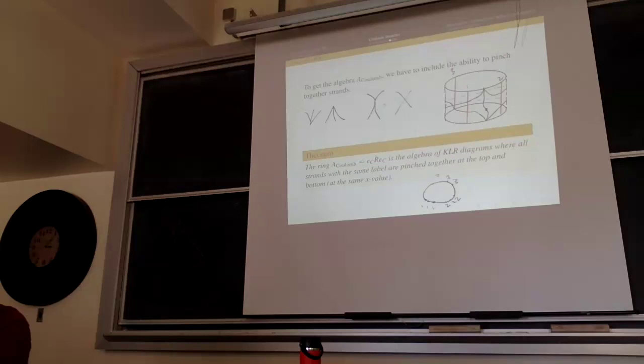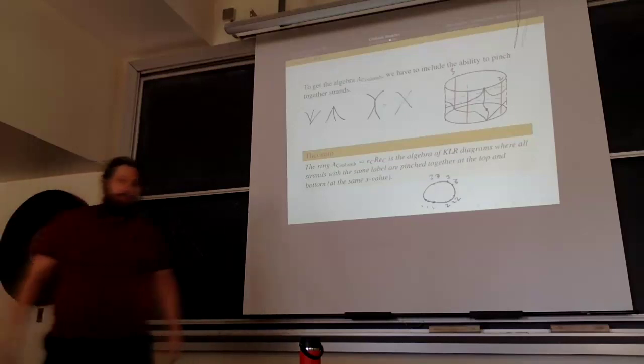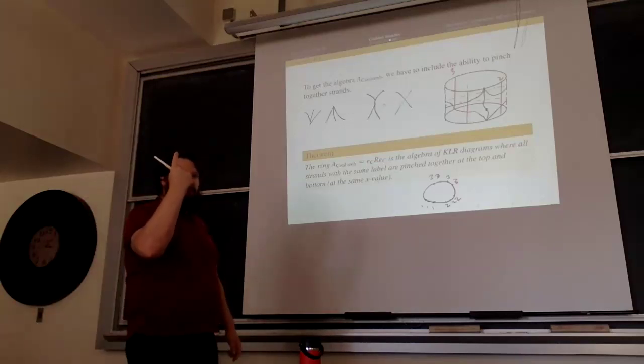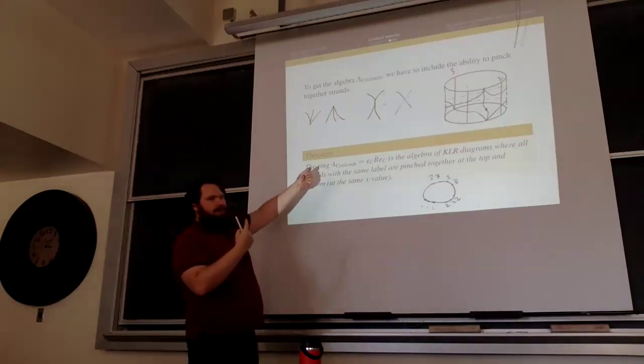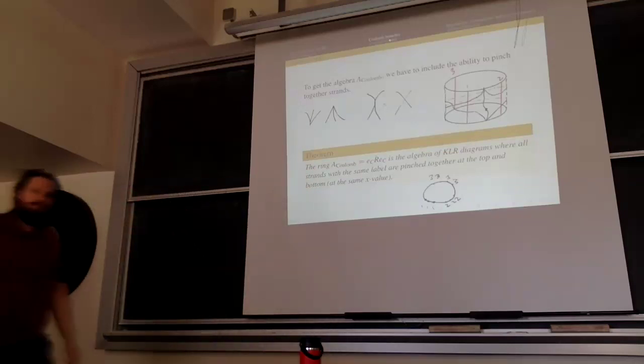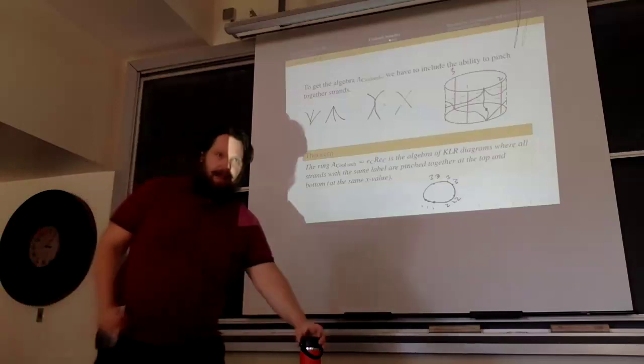But this object's endomorphisms are a matrix algebra in the Coulomb branch. So I have to pick out a rank 1 idempotent in that matrix algebra, and this pinching is a way of doing that conveniently. Oh, I see, so when you pinch them, you don't know which one is which. Exactly.